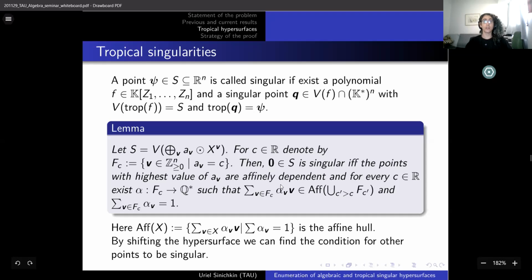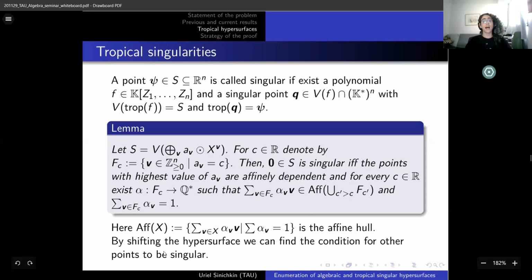And second, for every height below the highest, there exists an affine combination of all the exponents with this coefficient that lies inside the affine hull of all the exponents with higher coefficients.